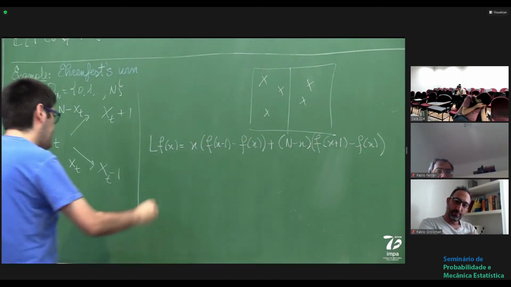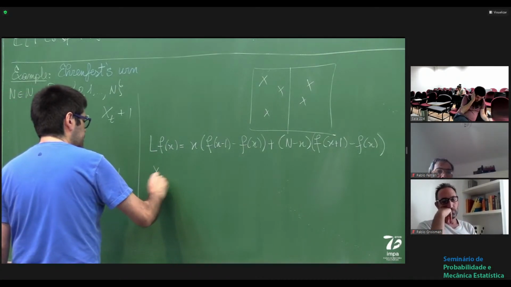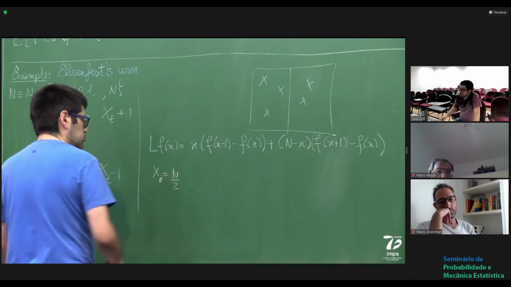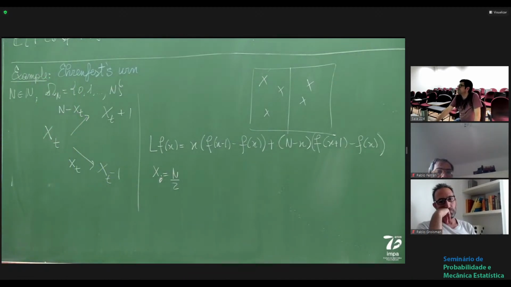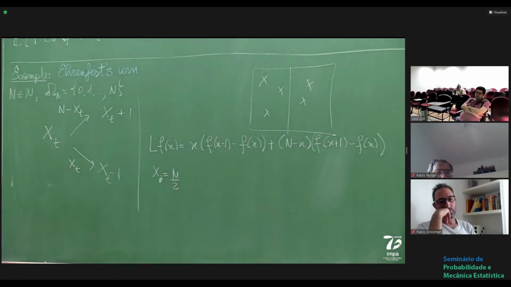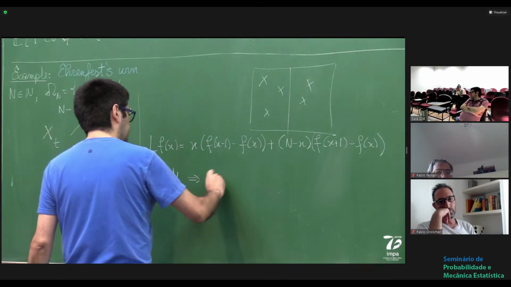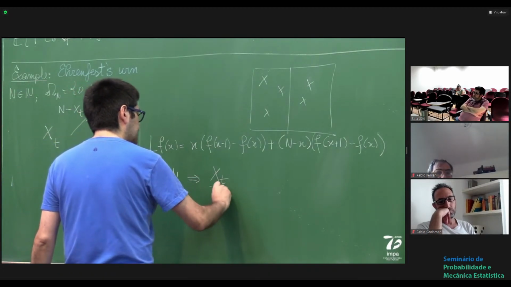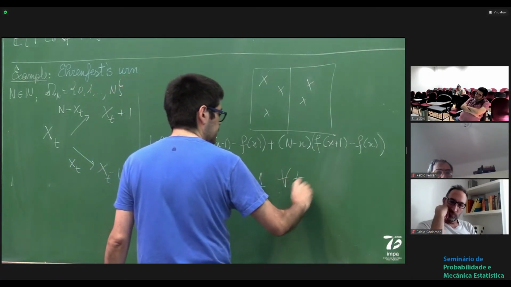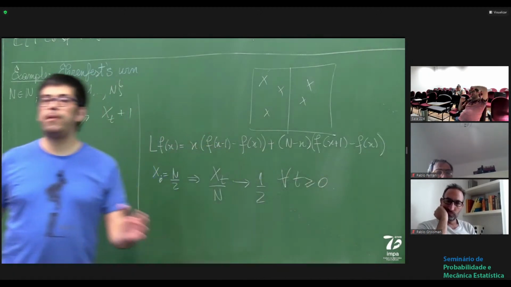So let's assume that X0 is equal to n divided by 2. Let's assume that n is even, so we don't have to decide where to put the extra particle, and let's just start with half and half, to make things as simple as possible. One can verify that Xt divided by n converges to 1/2 for any t bigger than 0. So the fraction of particles is always 1/2.